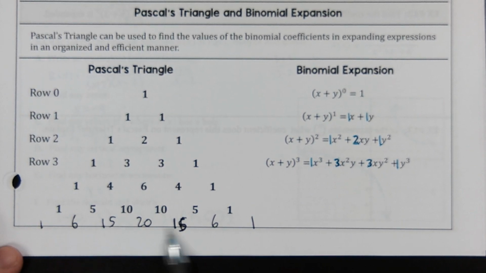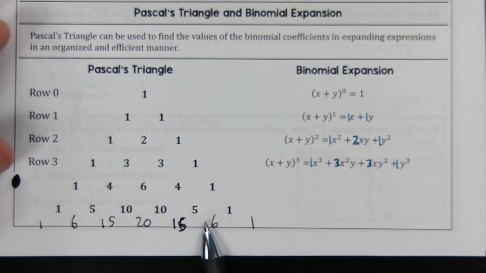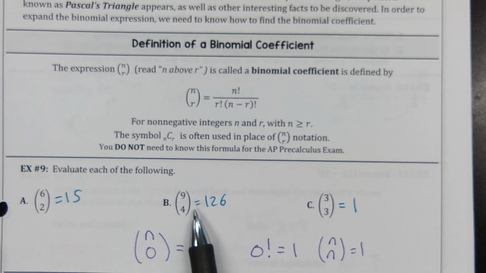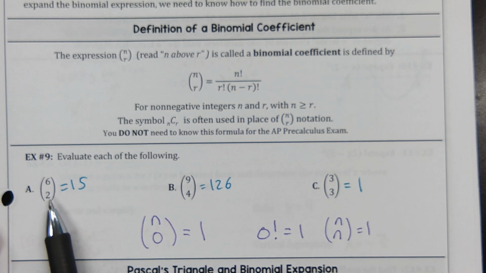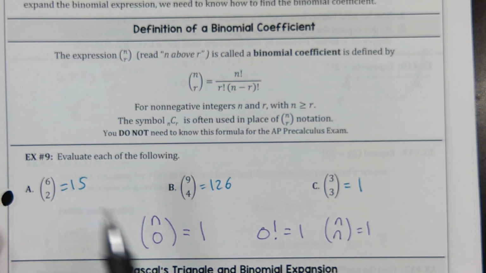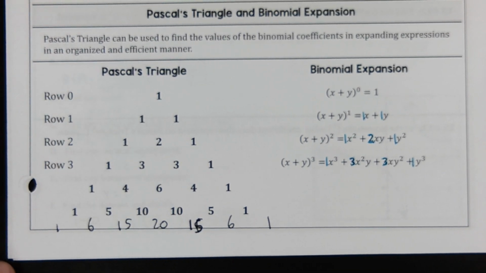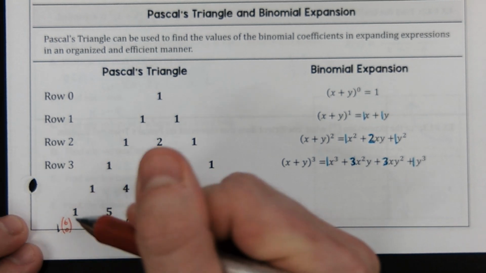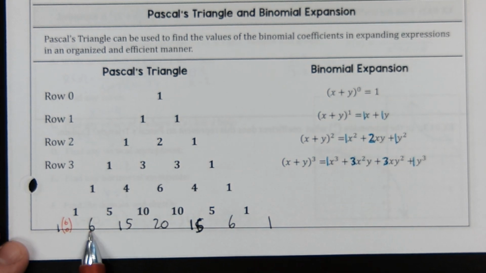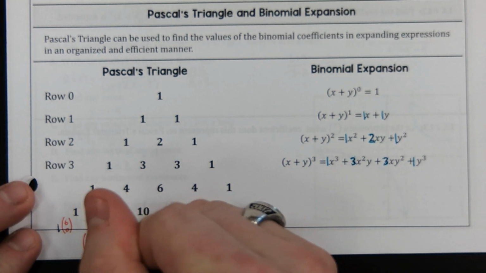Because each one of these numbers is actually one of these numbers. This is 6 choose 2, right? We know it's 15. This number is 6 choose 0. This number is 6 choose 1. You know what? I'll write it underneath it.